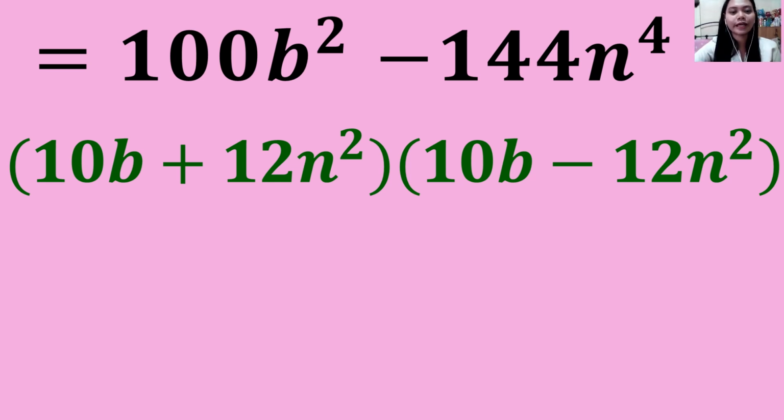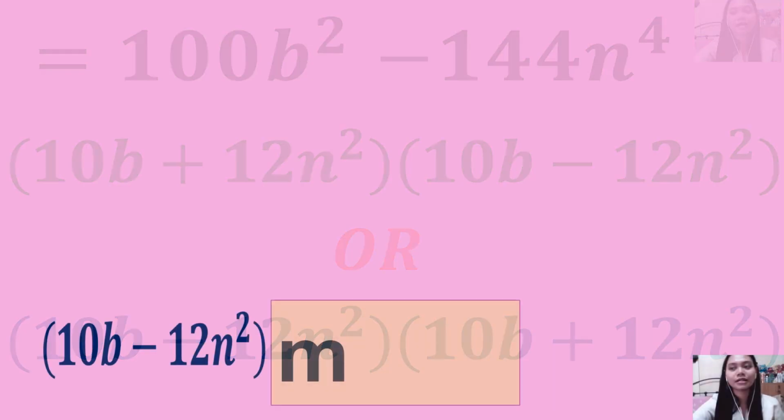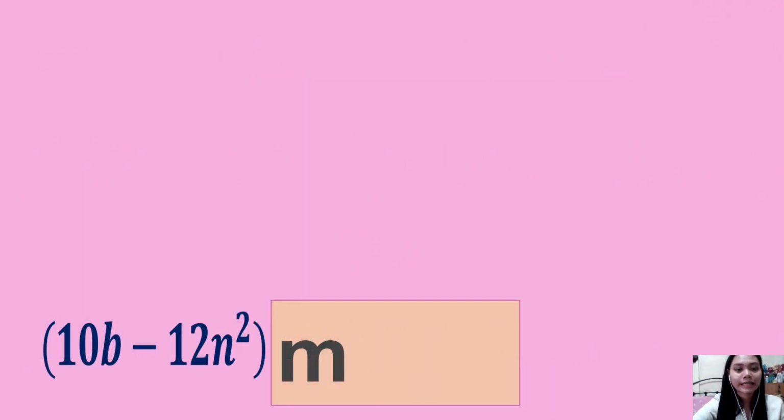So, ibig sabihin, ito yung dimensions na hinahanap. Or we can write it as the binomial 10b minus 12n squared times the binomial 10b plus 12n squared. So, you have to put the unit of measurement. Since ang unit of measurement na ginamit ay meters.